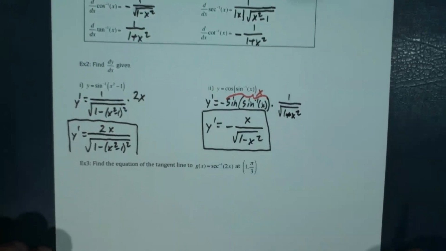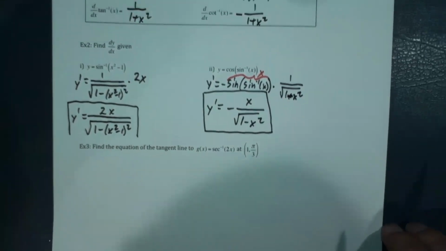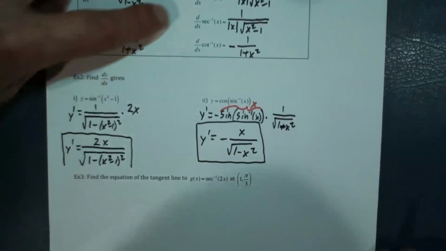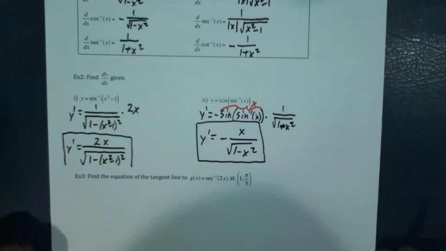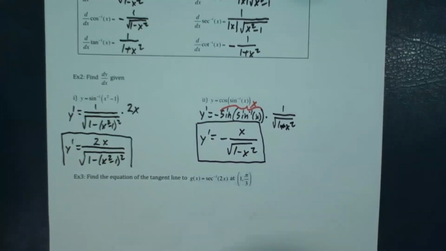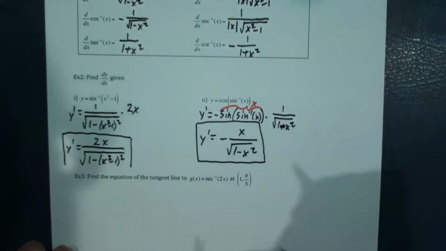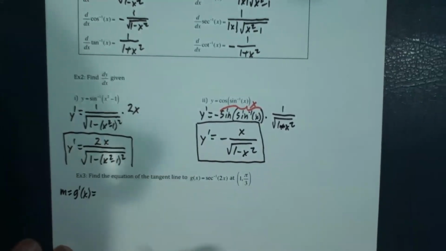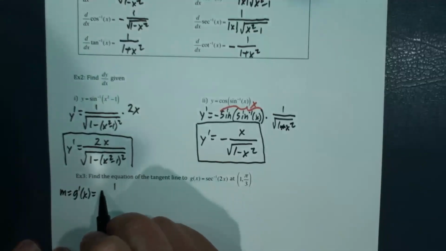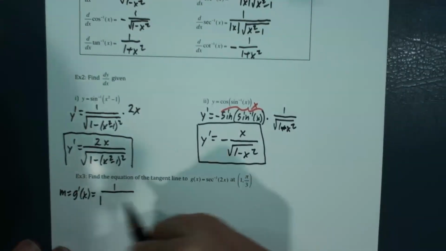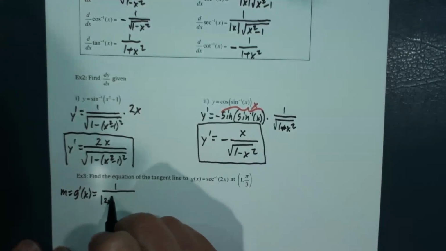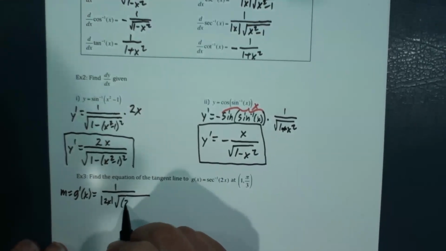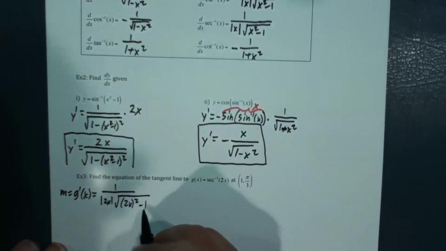All right, and for this last one, actually, I'm going to try to at least keep the inverse secant derivative here. Okay, so my slope, g prime, is going to be 1 over, now be careful, the absolute value of 2x times the square root of 2x squared minus 1.